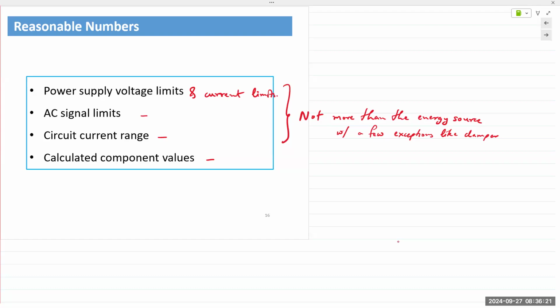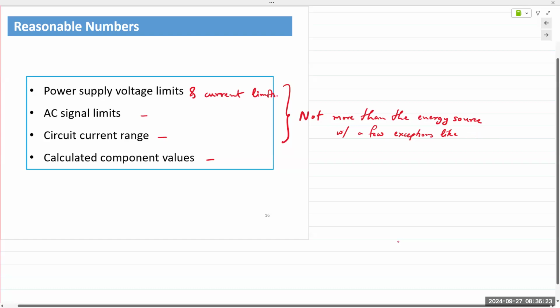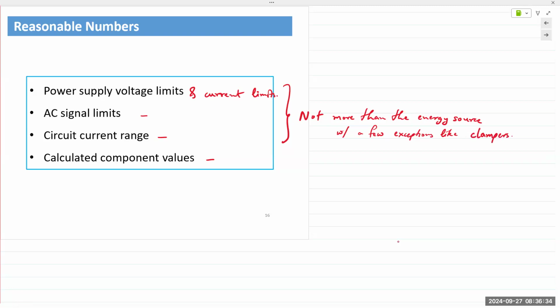Oh, clamper circuits. Let me, yeah, clamper circuits. So it's a diode circuit where we have applied DC offset voltages to AC signals in function generators in the lab. So a clamper circuit does something like that. You take your AC signal that's at the 0 level and it adds a DC component to it.